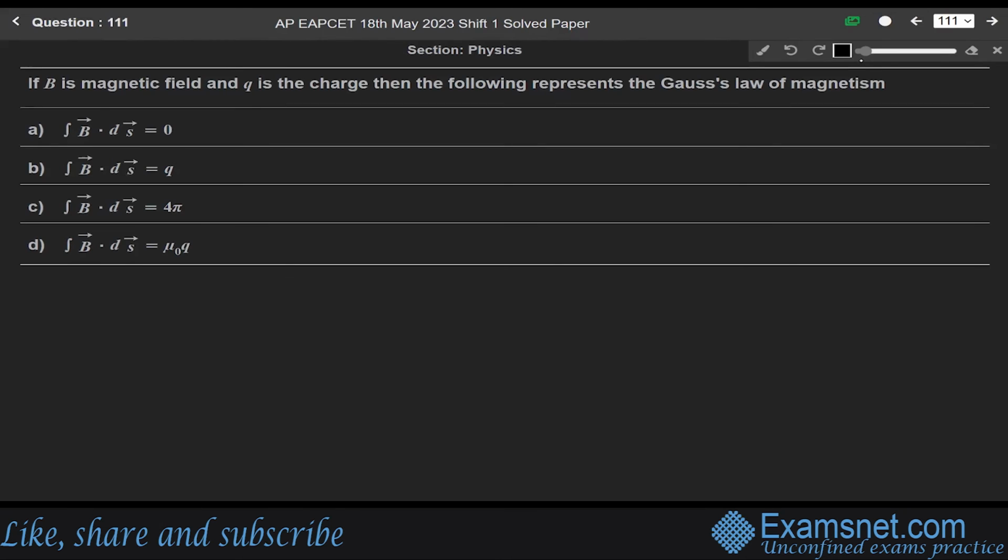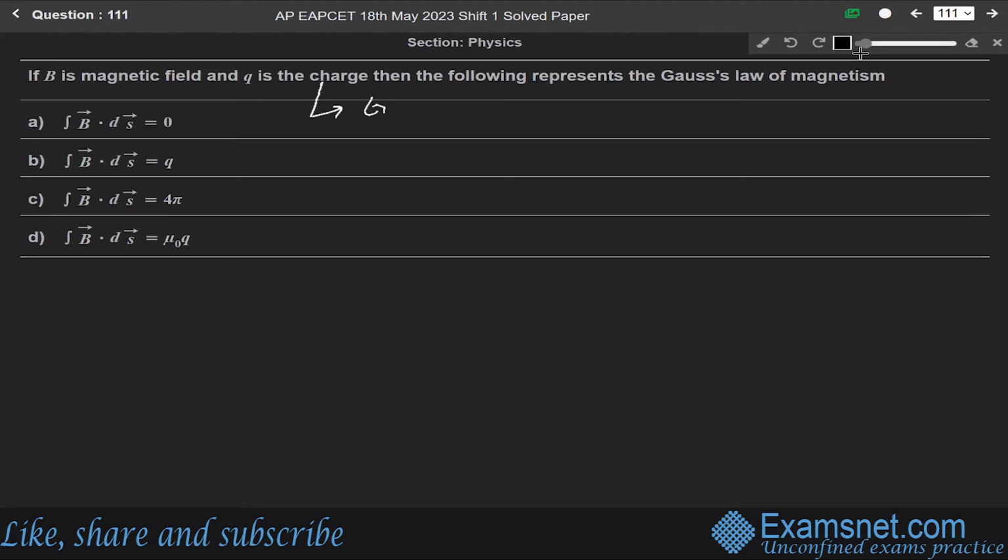Now, next question is 111. If B is magnetic field and Q is the charge, then the following represents the Gauss law of magnetism. Okay. So this question is from the chapter of electromagnetic induction. The question is asking about the Gauss law of magnetism.